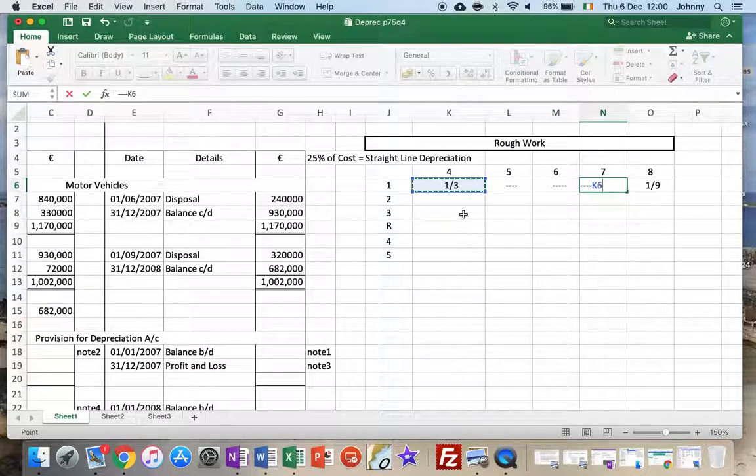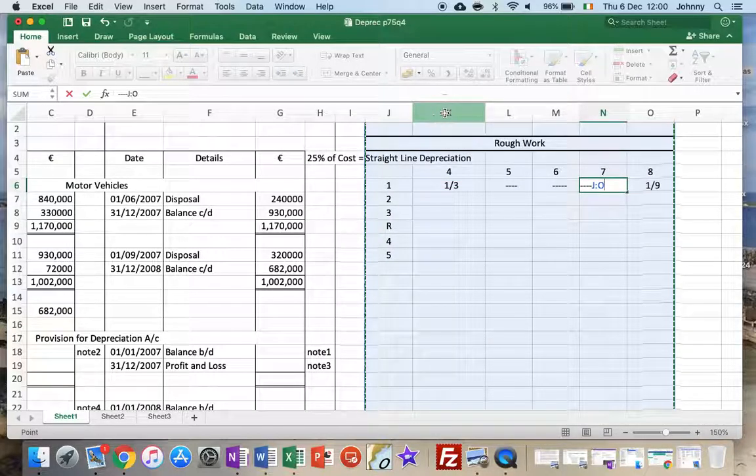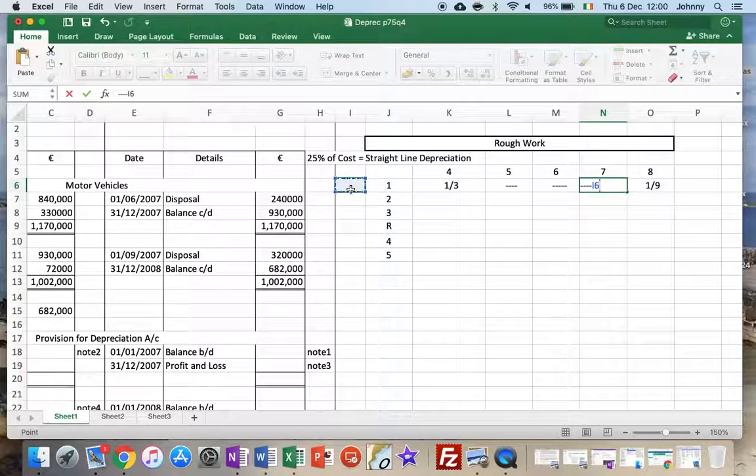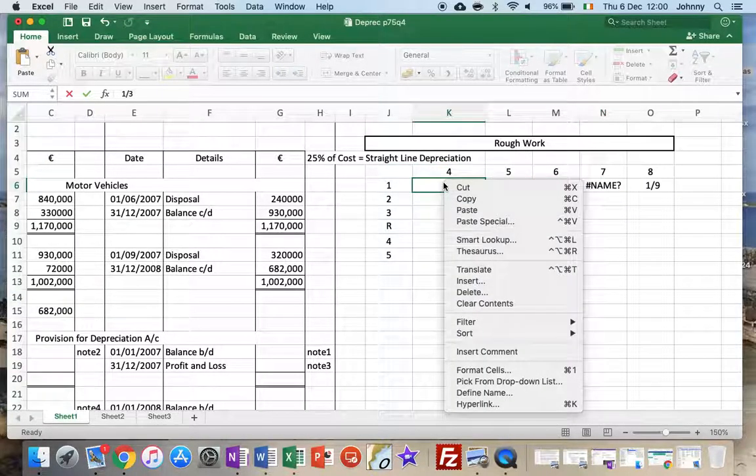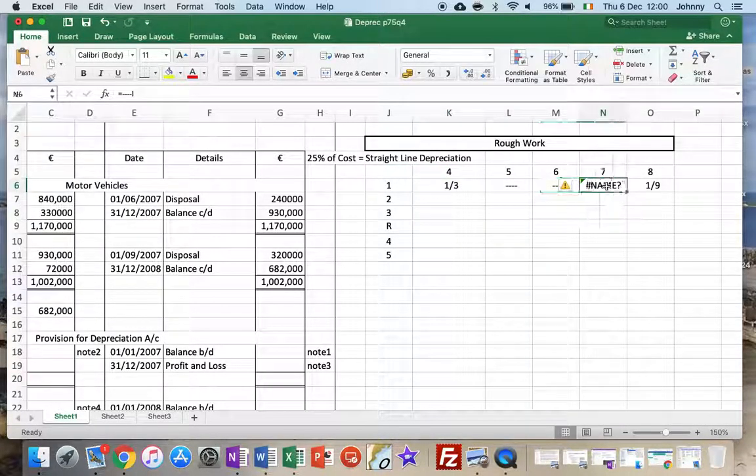Oh, and the other thing I need to squeeze in here is I need to put in a column where I can put my annual depreciation. Actually, I'll put it down the end here.